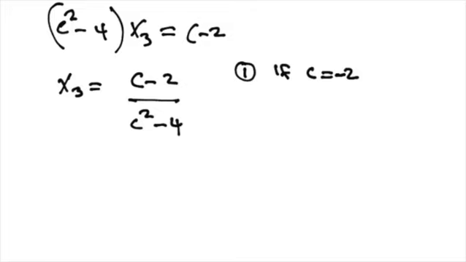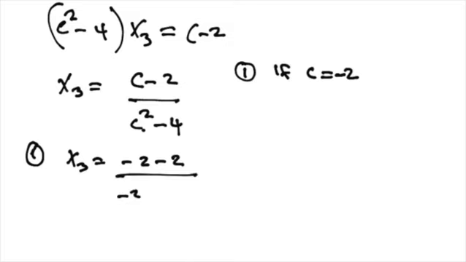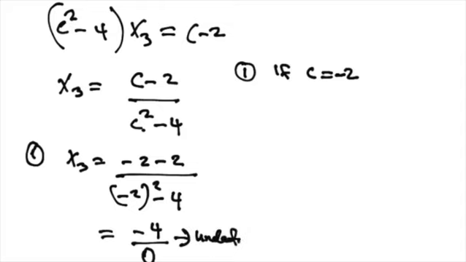If we put the negative 2 here, x3 is equal to c minus 2 over negative 2 squared minus 4. This will give you negative 4 over 0. In this case, anything over 0 is undefined. So there are no solutions because it is undefined.